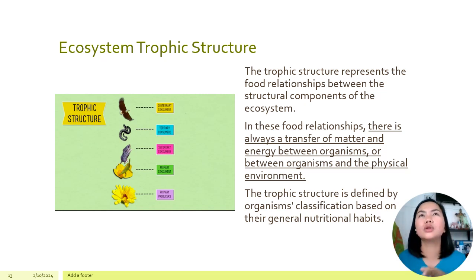And pag ang goat gikaon og snake, the same thing, the energy and the matter from the goat will be transferred to the snake and so on and so forth. Okay? And the trophic structure is defined by organisms classification based on their general nutritional habits. So kung sa ilahang mga ginakaon.